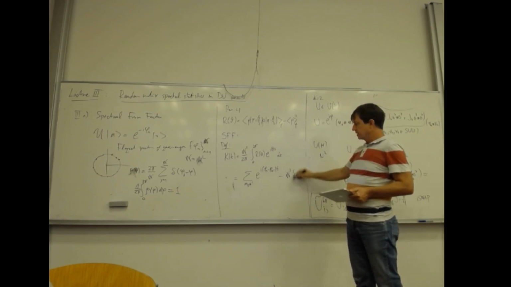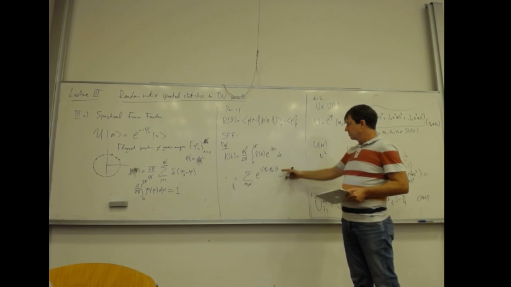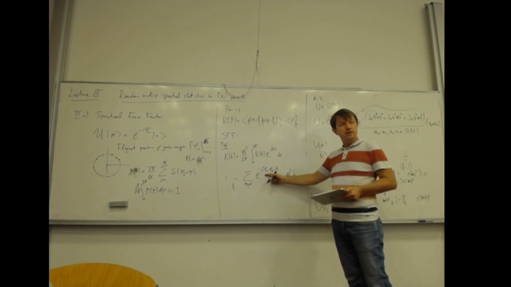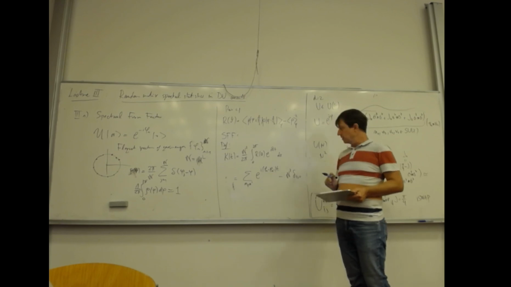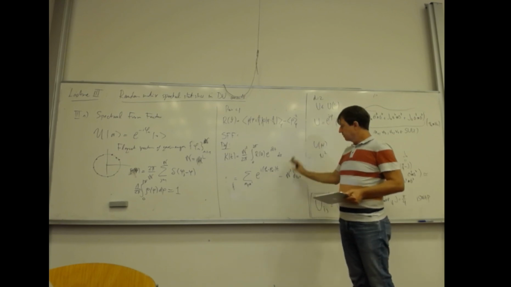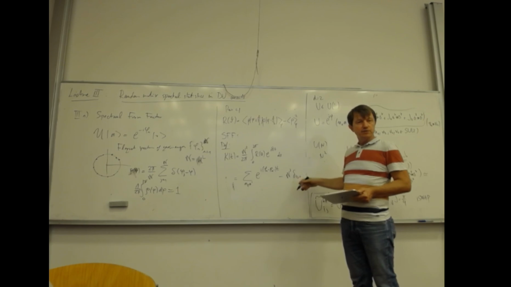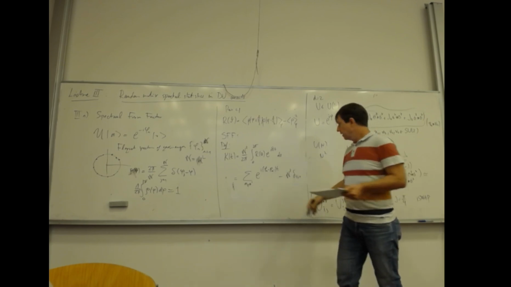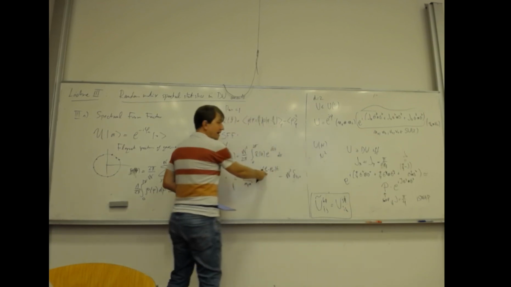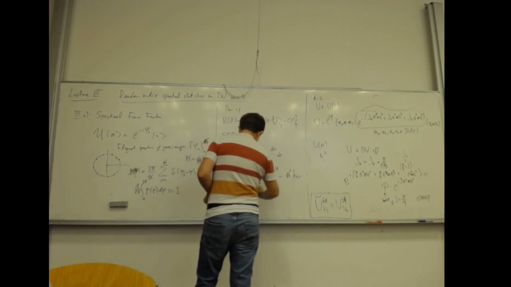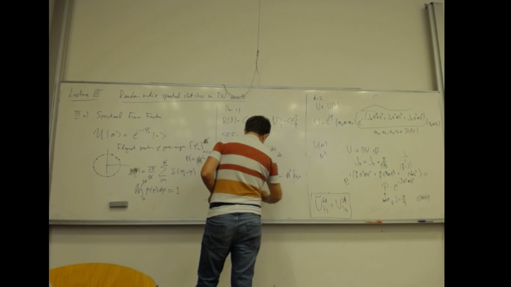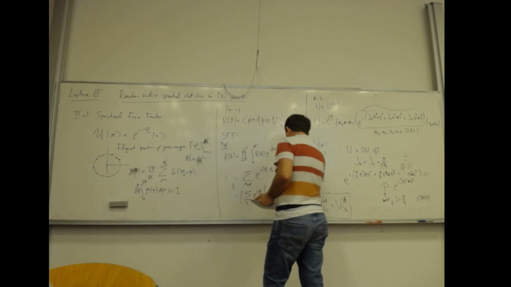This n squared is at the beginning because the time equal to 0 is a sum over n squared numbers, so we have to subtract that in order not to get crazy explosions. But for the rest, we can forget about t equal to 0 and only think of positive t. And for positive t, this is just a double sum, which is just the square of a single sum, which is just a trace.